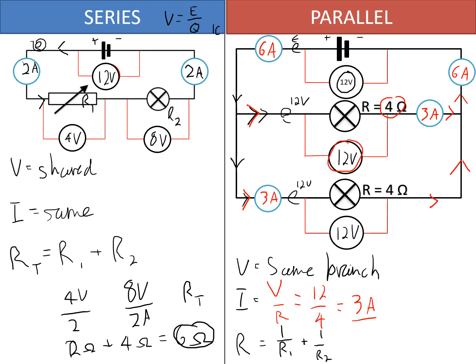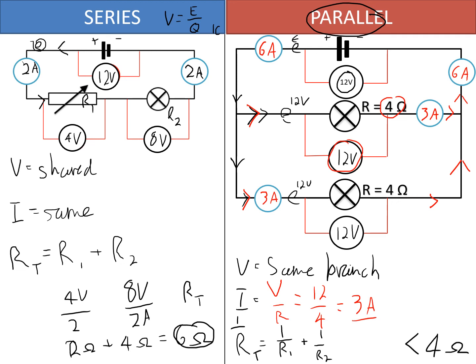I forget off the top of my head if you need to know it for GCSE physics. But effectively, the easy way to remember this is the total resistance: 1 over RT equals 1 over R1 plus 1 over R2. Basically the total resistance of this entire parallel circuit will be lower than the value of the lowest resistance. So the total resistance here would be less than 4 ohms.